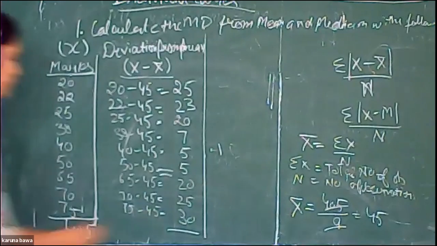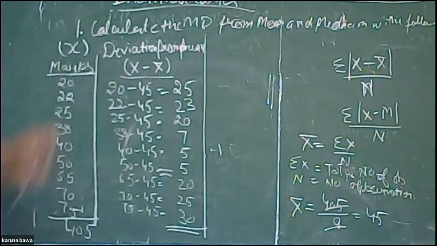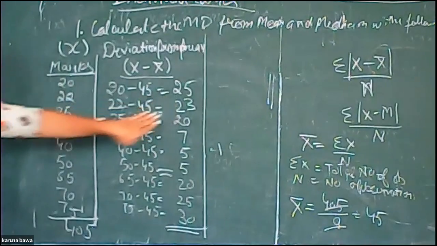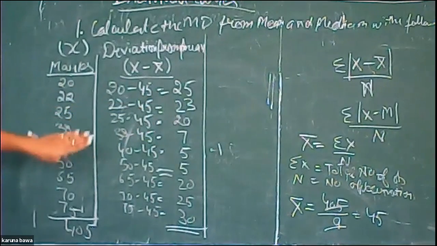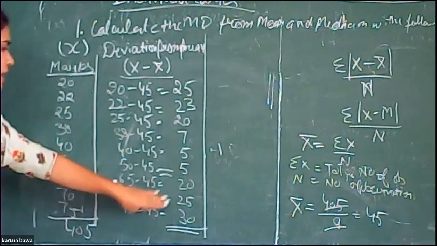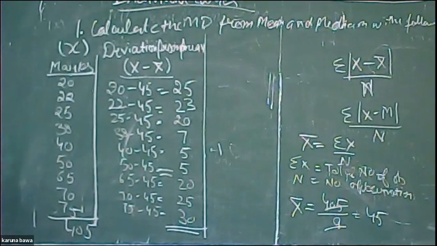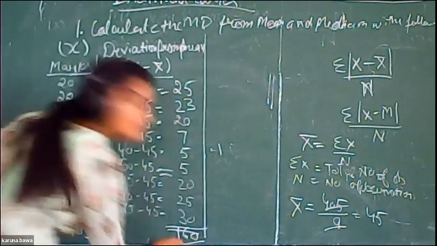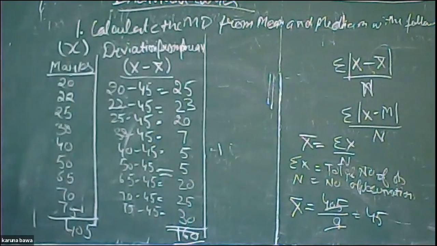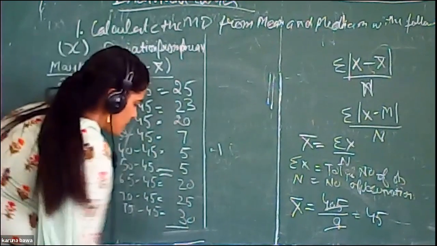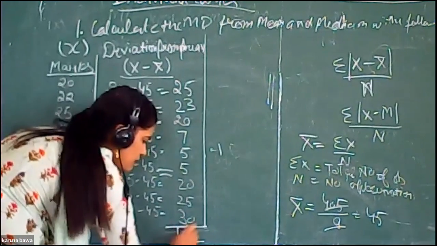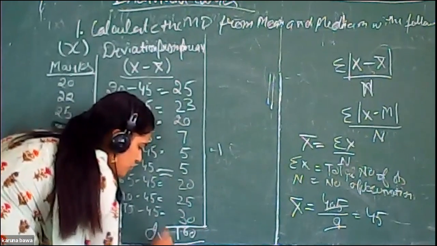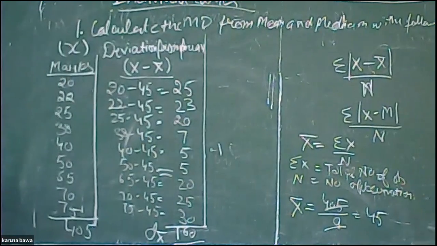And the total of all the values is 25 plus 23 plus 20 plus 7 plus 5 plus 5 plus 20 plus 25 plus 30. The total of the values is 160. On the other hand, we fill in the formula.